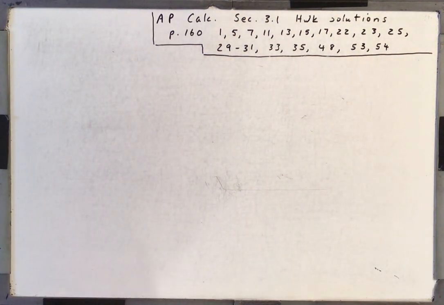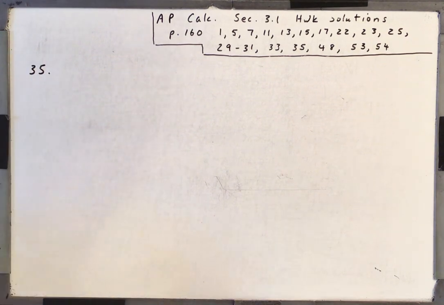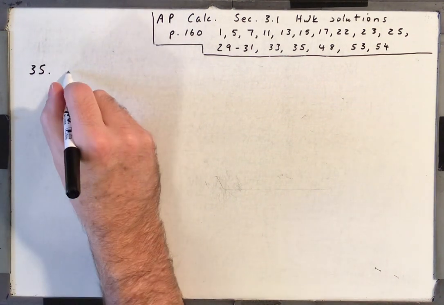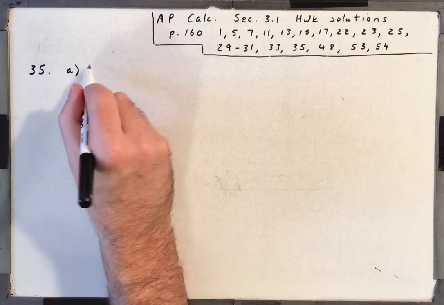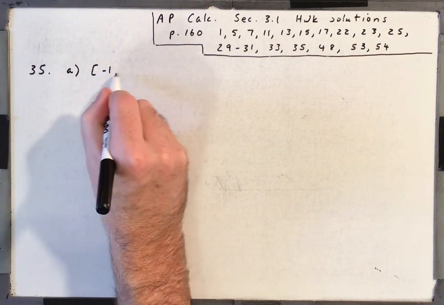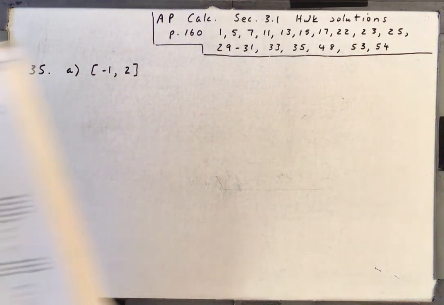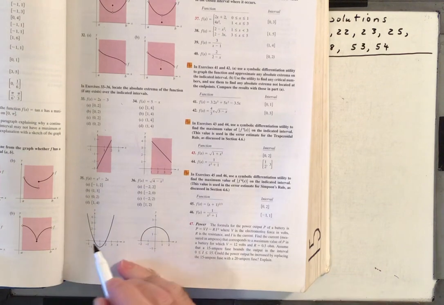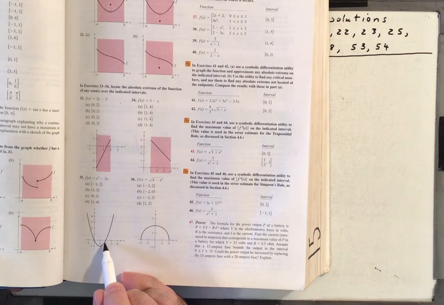It's 35. Similar kind of thing. We have a graph here, and part A, our interval is -1 to 2. So between -1, that's the x value, -1 right here, and 2, we want to get the extrema.